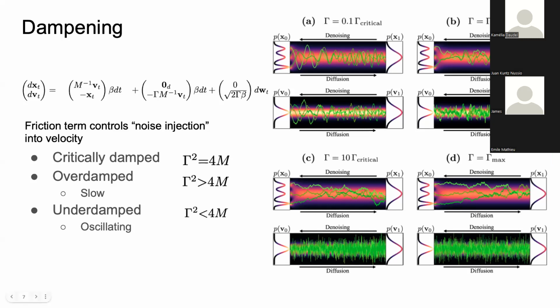The critical gamma gives you a nice sweet spot between actually progressing in the SDE, moving forward, as well as being smooth. So that's the idea. This is the whole forward noising process for your score-based generative model. The idea is to apply this augmented state space for forward noising, and then reverse this to get a nice smooth backward process. If your forward is smooth, then hopefully the backward will also be smooth.